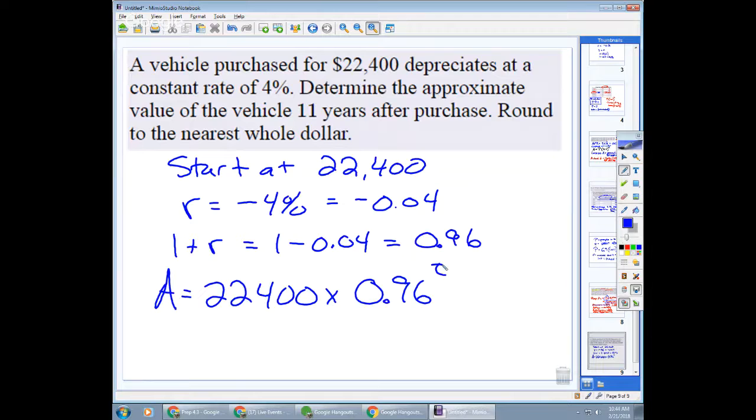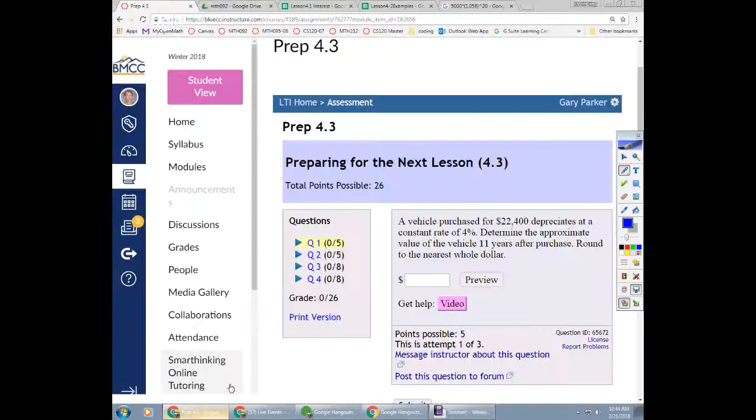So this is the general formula. I just want to figure out what's going on in 11 years next. So 11 years is going to be, take that 22,400, multiply by 0.96 to the power of 11. That should give us what we want. So let's see what a calculator thinks about that.